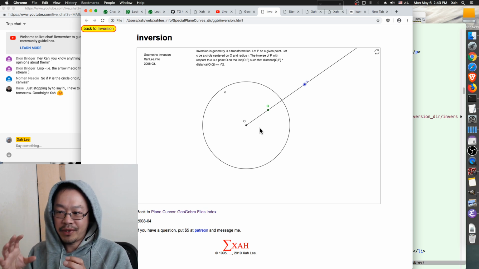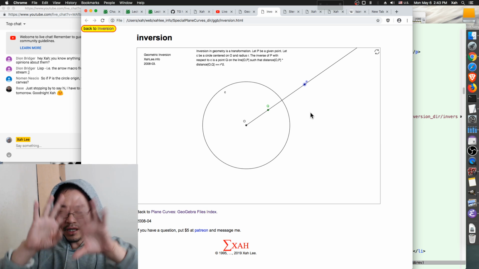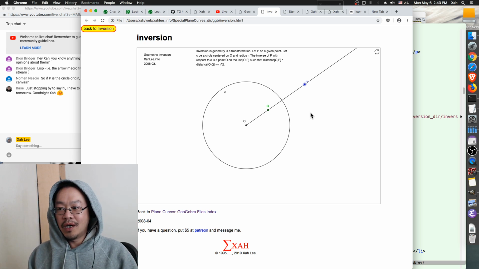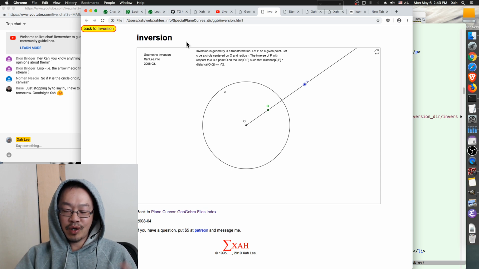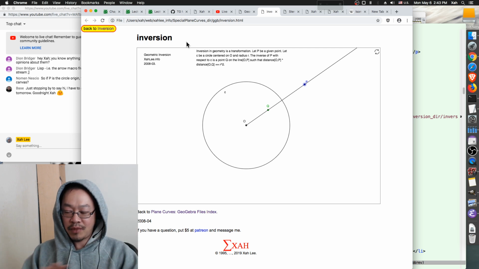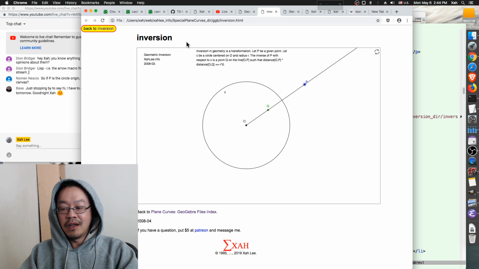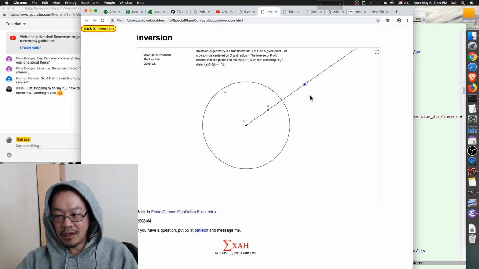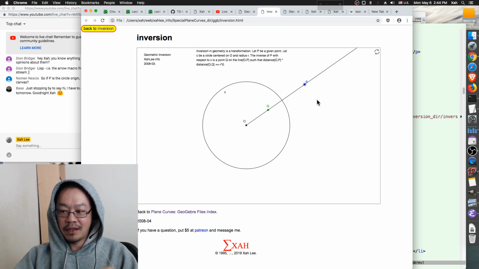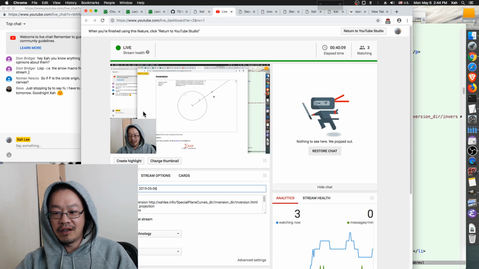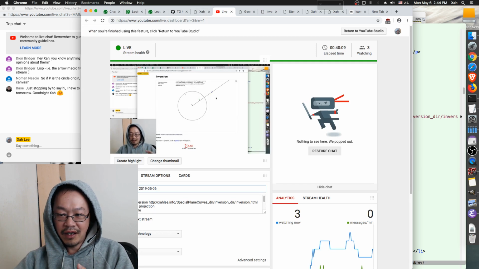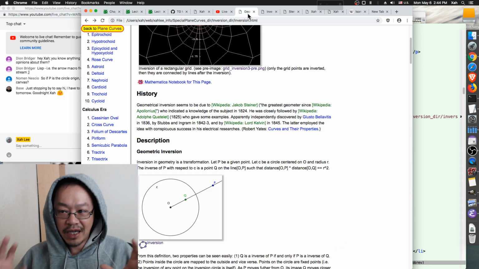Basically, any image on the plane will become some other image, because geometric inversion is a transformation, meaning that it maps all points to new points. So now you know the rule of transforming one point, but you can apply the rule to transform any picture, like a picture of myself, and you get an interesting picture.